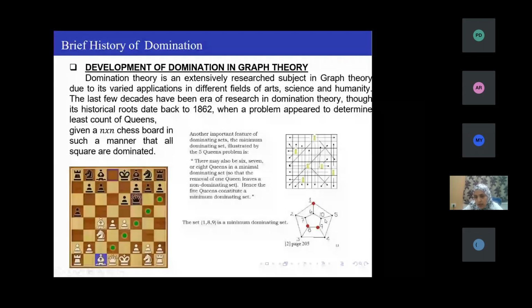We have to take such vertices which are not connected to this 1. We have to leave 6, 2 and 5, as they are connected to 1. So if 1 comes under the independent covering, then we have to take either 9 or 3, which are not connected to 1. They will be considered as the independent set of vertices, meaning those vertices which are not connected to each other, which are independent of each other.